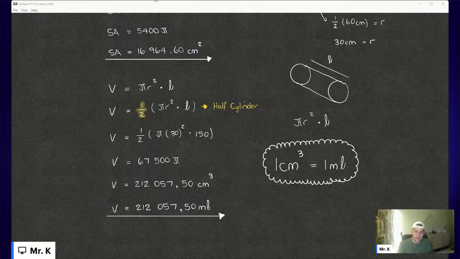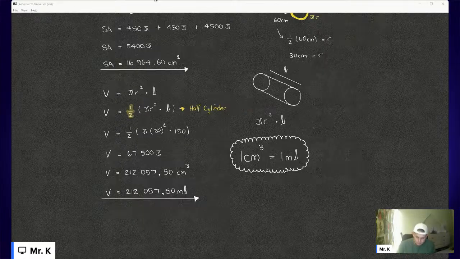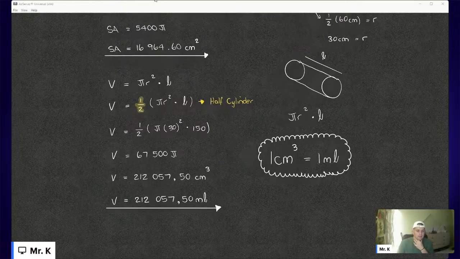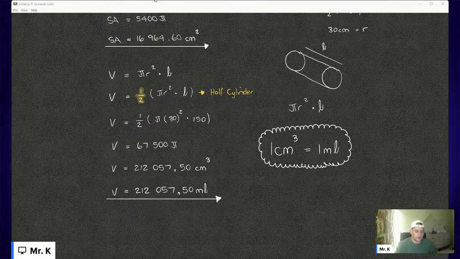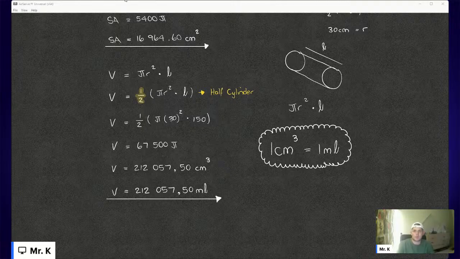Okay. I hope that that makes some sense to you guys. Now, just on a side note, something that's very helpful to do when we attempt questions like this is to try and fact check ourselves with basic logic. So, if I think about a trough, right?